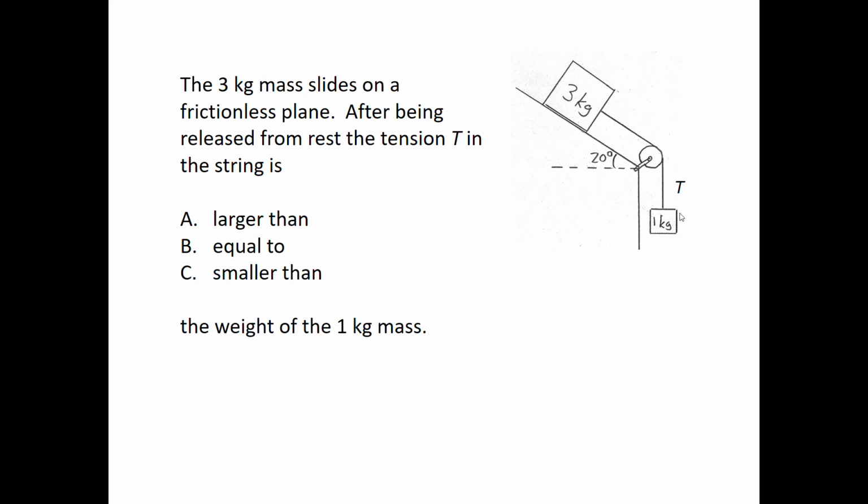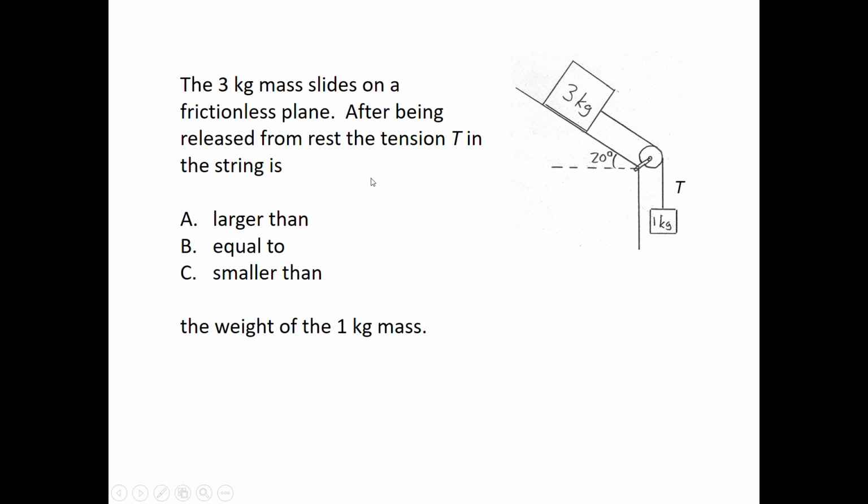And the question is, after being released from rest, so it's as if we're holding on to this 3 kilogram block initially, and at time t equals 0, maybe we just release it. And of course, this one's going to start to slide down, and this one's going to start to fall, and there's going to maintain some tension in the string even after we release it.